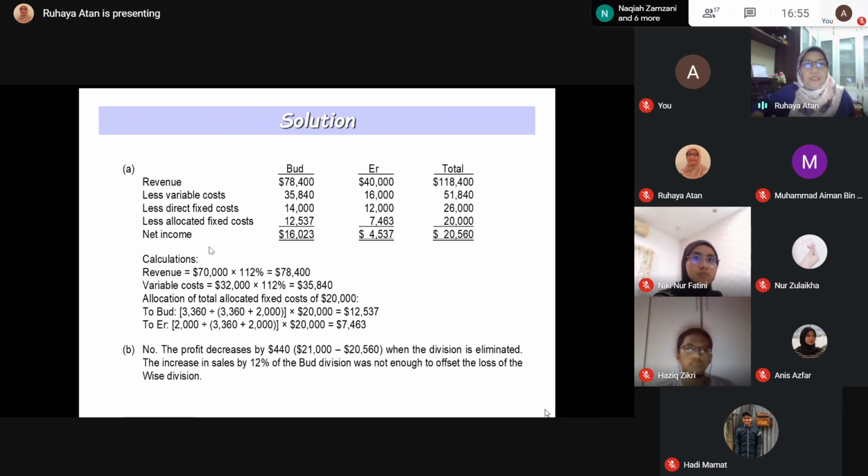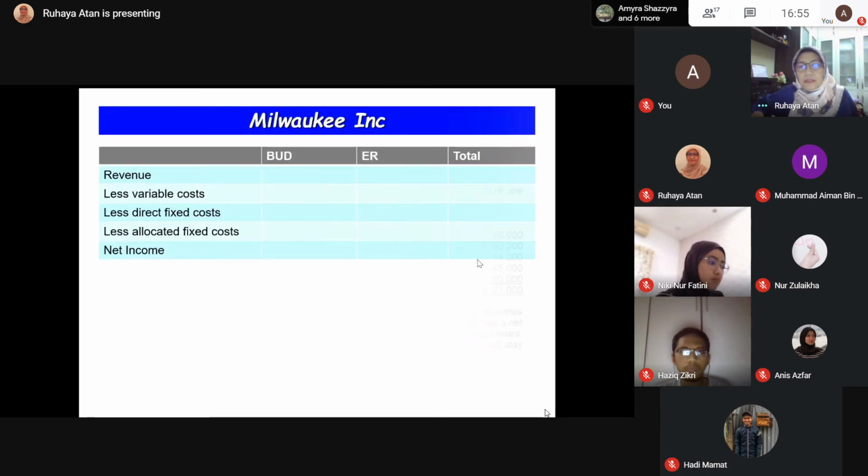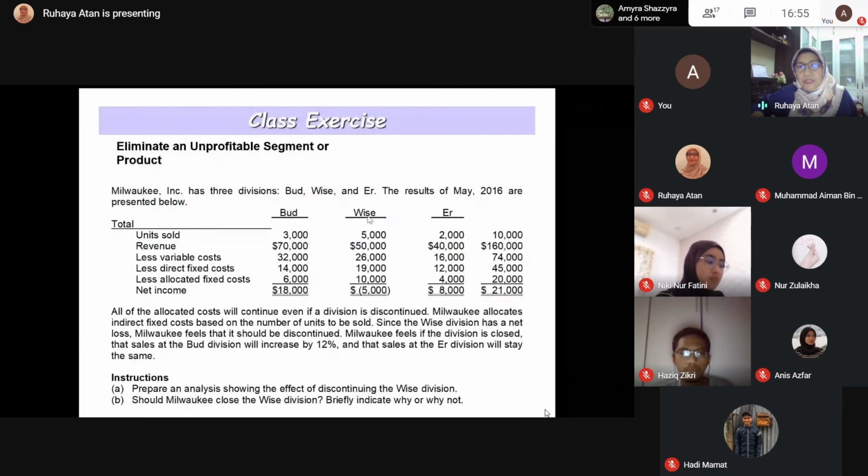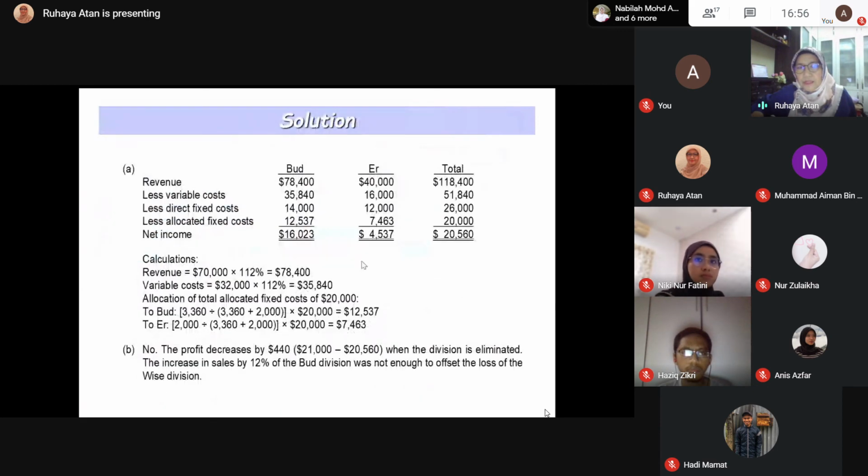So you will find that when you close that division, your incremental income becomes 20,560. If you do not close, if you retain this division, even though it is making a loss, your net income is 21,000. But if you close it, your net income is 20,560. So what is going to be your answer?